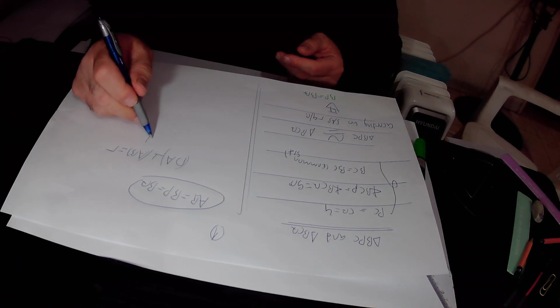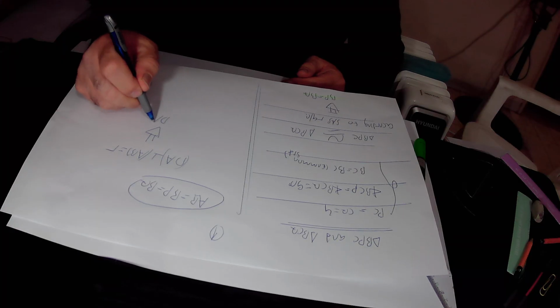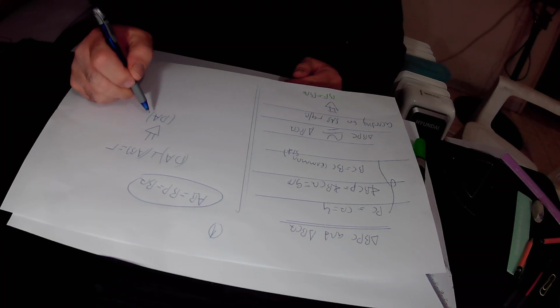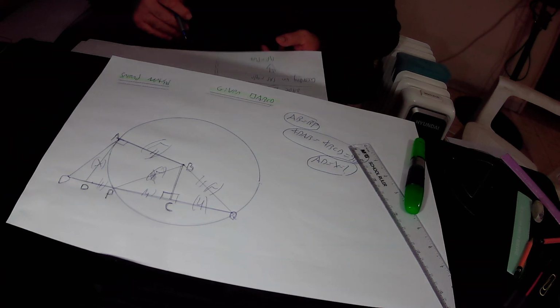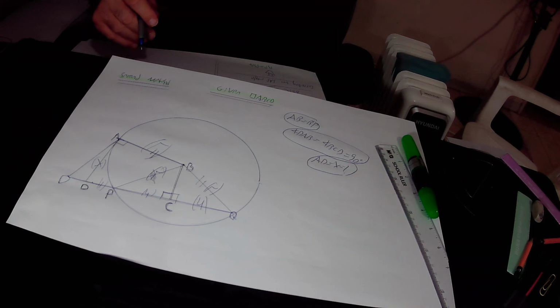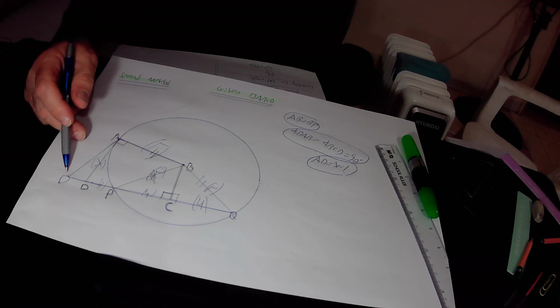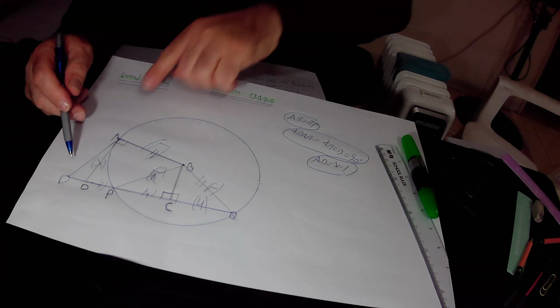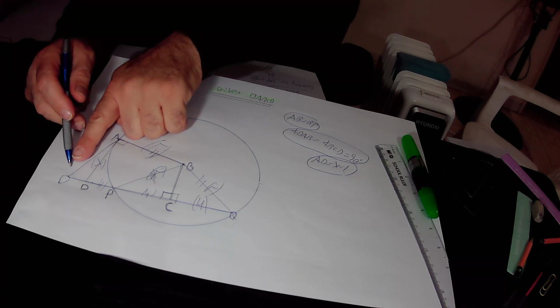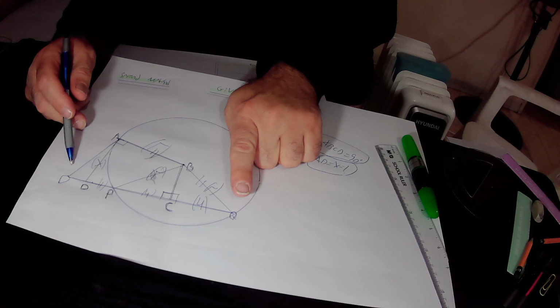Therefore, DA is a tangent to the circle at point A. Likewise, from the same common point D, we have first of all tangent DA that is tangent to this circle at point A. Likewise, from the same common point D, we have secant DQ.